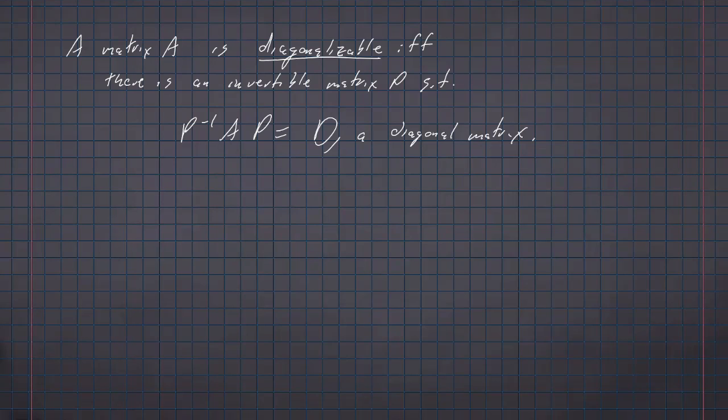And as we've seen several times, diagonal matrices are definitely the easiest matrices to work with. There are so many things that we might want to do with a matrix that are almost trivial with diagonal matrices and very challenging with any other kind of matrix. So if we can find a way to turn the matrix we need to work with into a diagonal matrix, our life is going to be significantly easier.